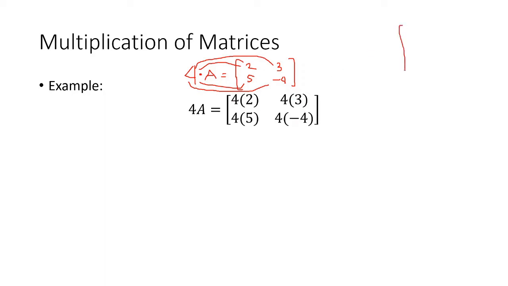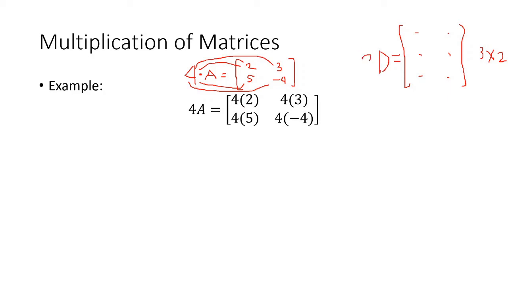Let's say, for example, we have a 3 by 2 matrix. So we happen to, for example, ang B na siya, or D, whatever.